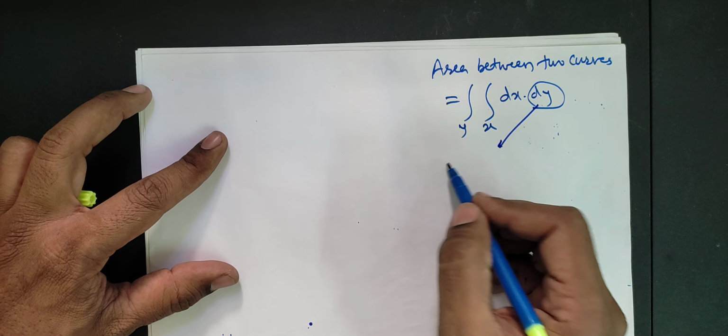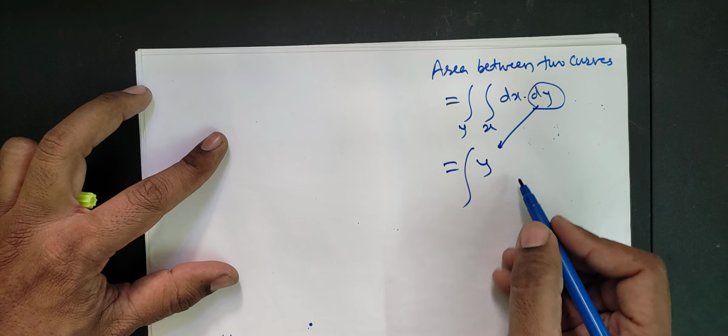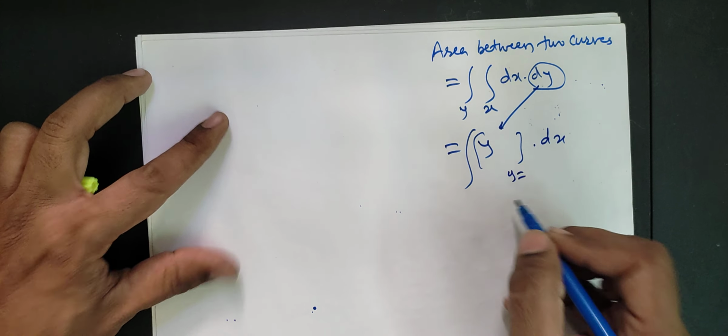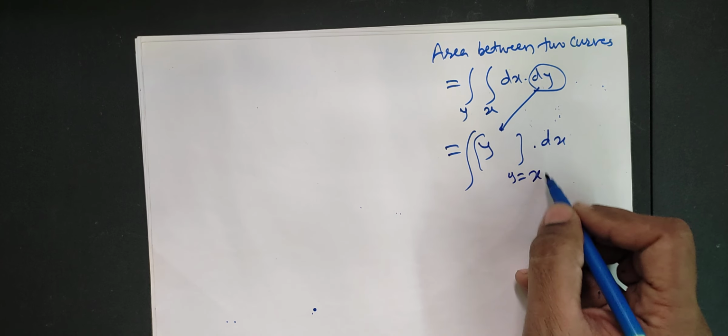So the integration of dy is y, and what is remaining? dx. And limits for y we calculated previously, y equals x square up to y equals 2x plus 3.